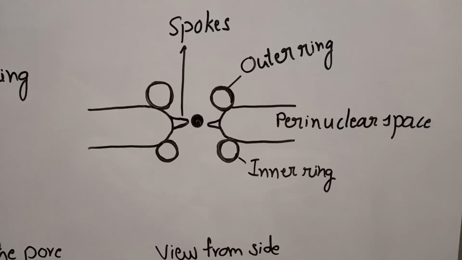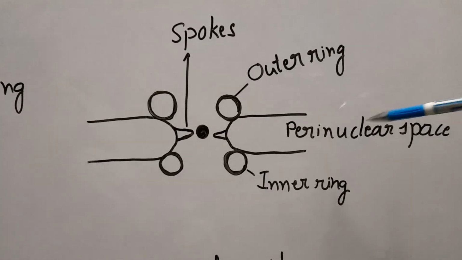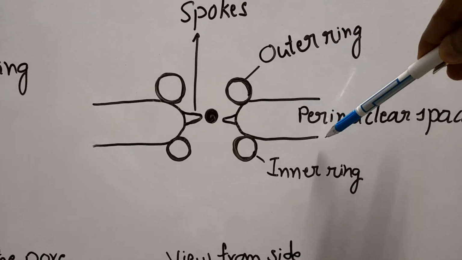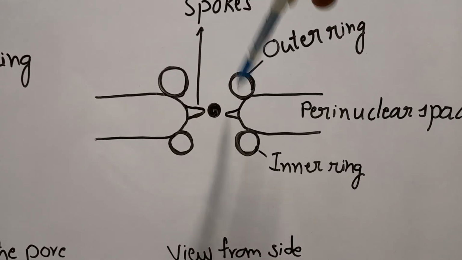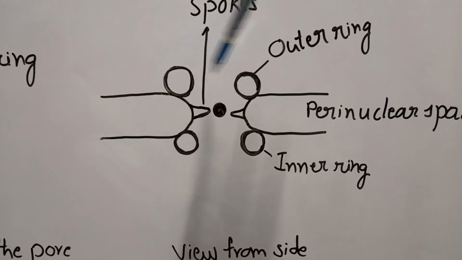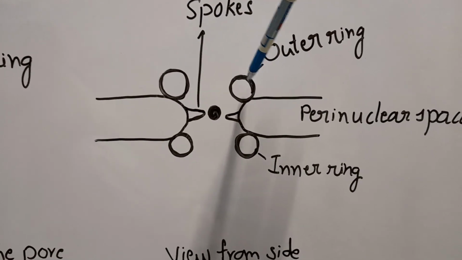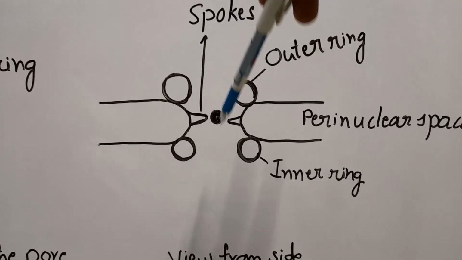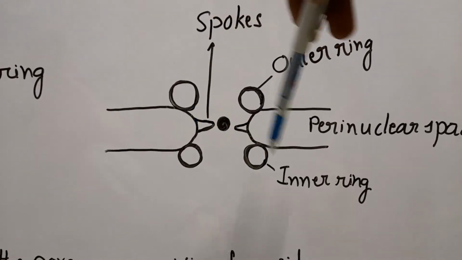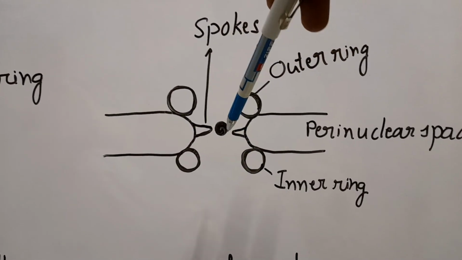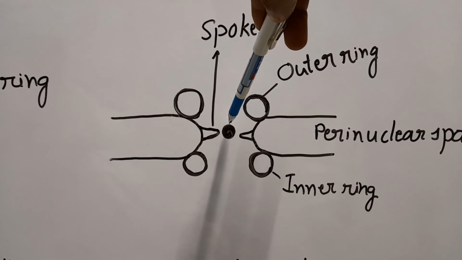Here also you can see the outer nuclear membrane and inner nuclear membrane, the perinuclear space, and the pore. These protein complexes are present in a ring manner, and here is the inner ring. Here also 8 protein complexes are present. So it is a central plug.